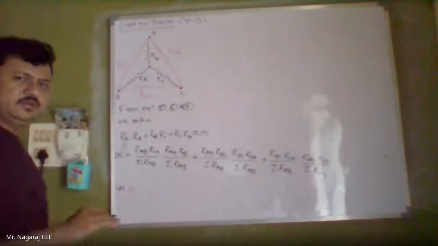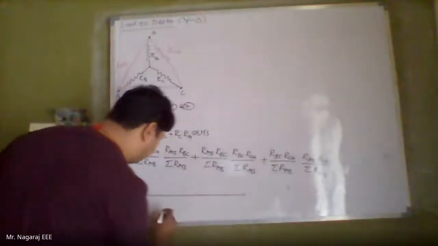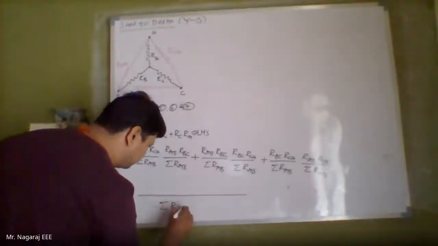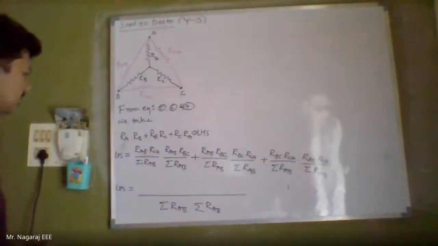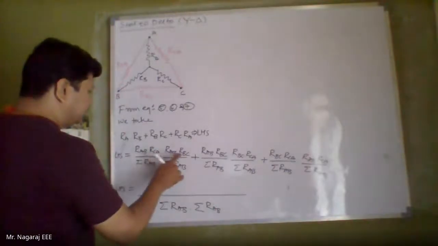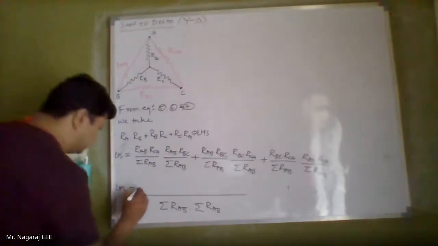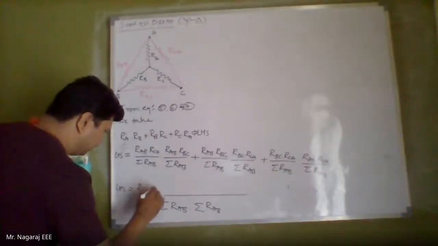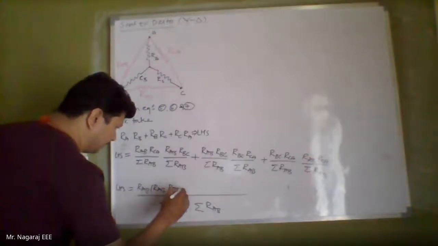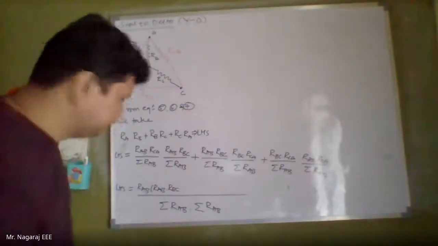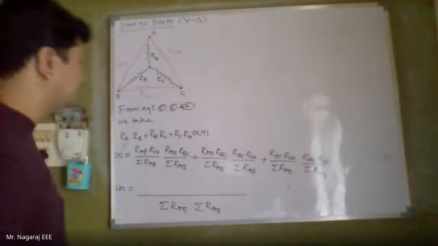I will not square it, I need it at a later stage. Now here observe, I have RAB, RBC, RCA and one more RAB. I will skip one step, because it will be too lengthy to write in the small space.